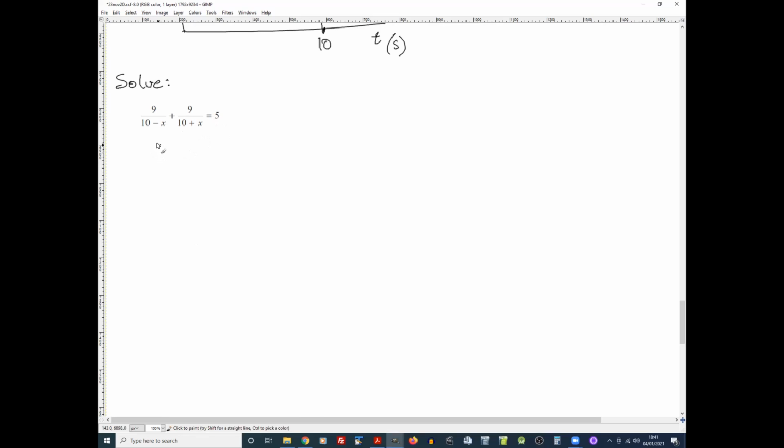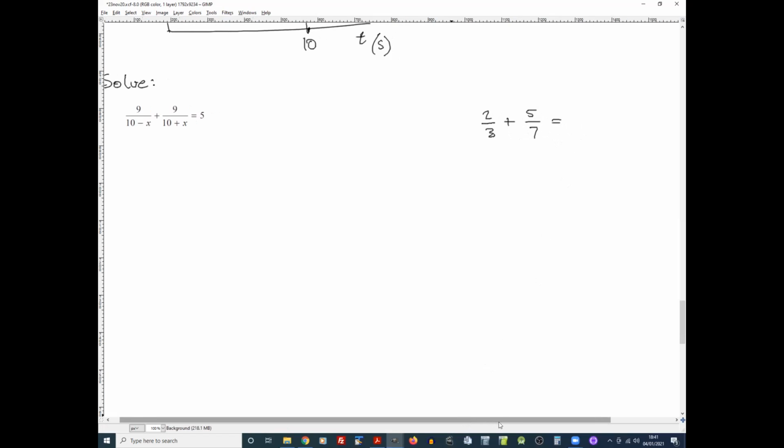Well, two big horrible fractions. Would it be less bad to have one big horrible fraction? And how do we turn two fractions into one? Add them? Yes, and how do you, for example, add 2 over 3 plus 5 over 7? You'd have to change the denominator.